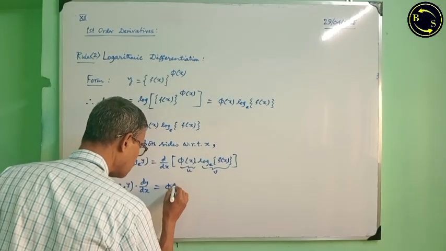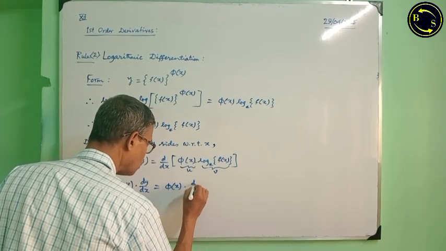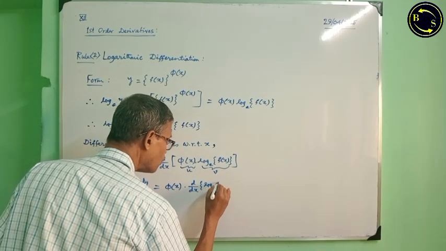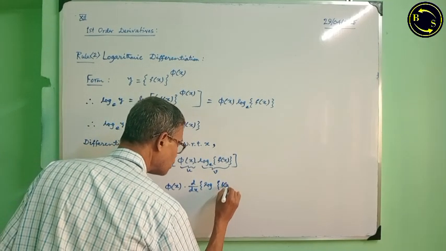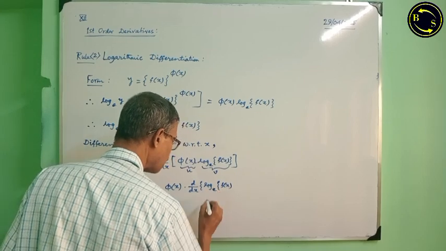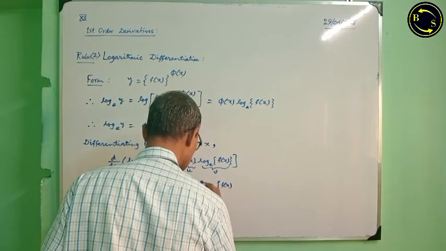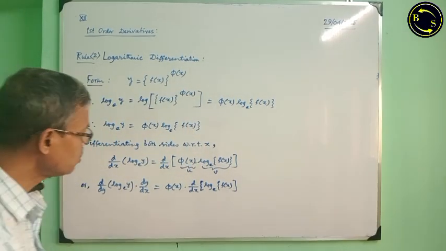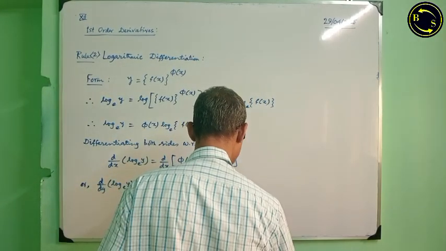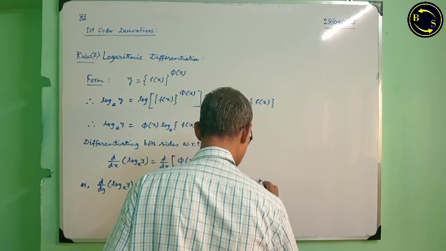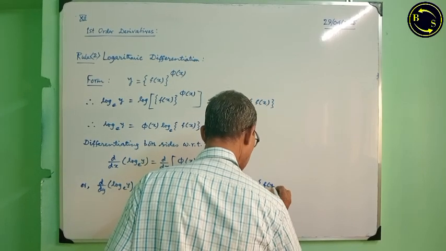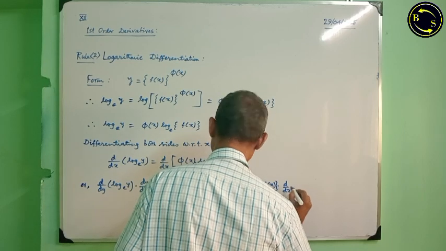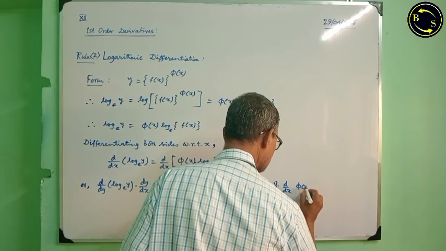Phi x into d/dx of log of f x, this one, plus log of f x into d/dx of phi x.